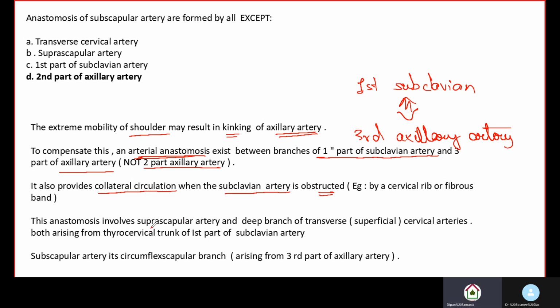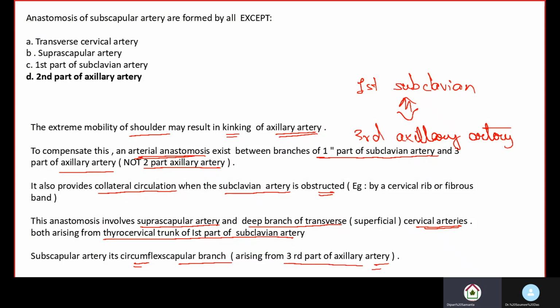This anastomosis involves the suprascapular artery and the deep branch of the transverse cervical arteries, both arising from the thyrocervical trunk of the first part of the subclavian artery. Now the subscapular artery's circumflex scapular branch arises from the third part of the axillary artery.